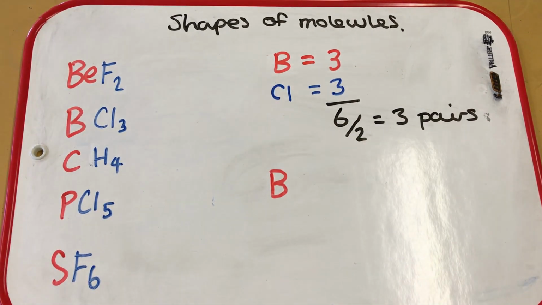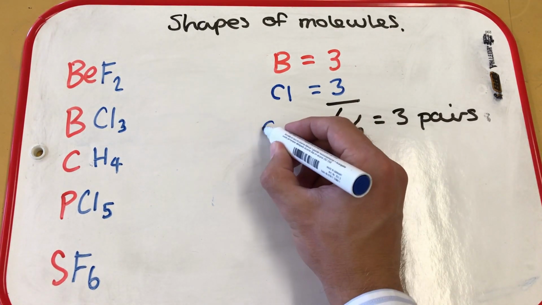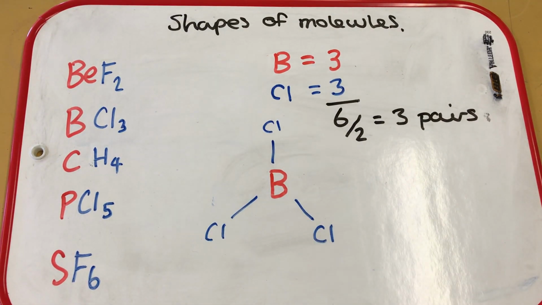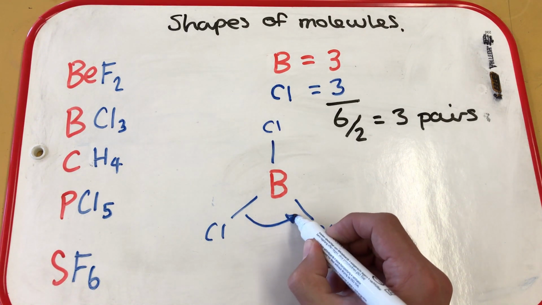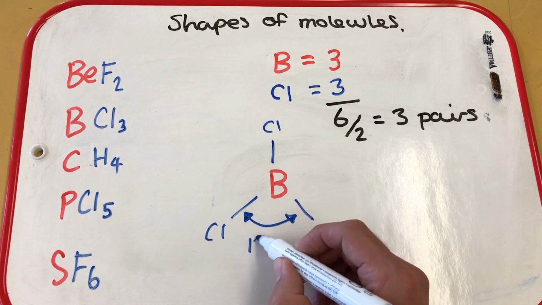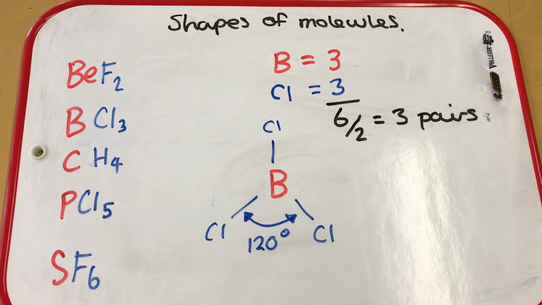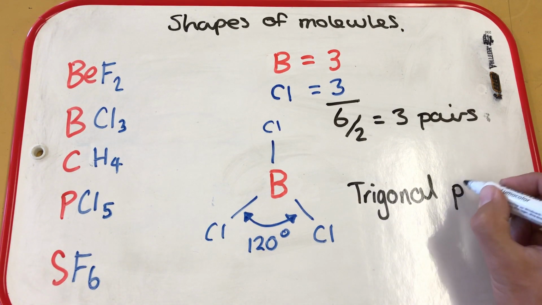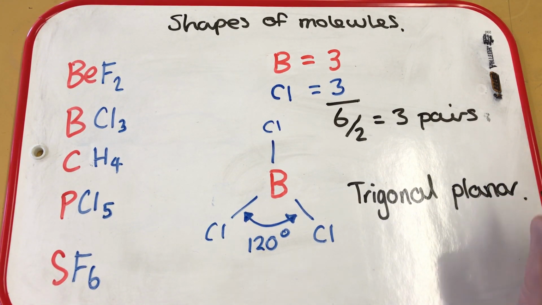The boron is at the centre and the 3 chlorines form bond angles of 120 degrees. So here is our structure, with 120 degree bond angles, and we have a trigonal planar molecule. Now why trigonal planar?